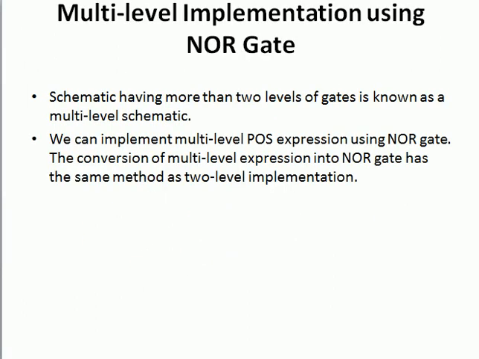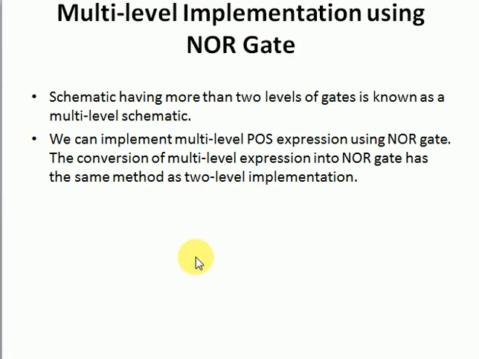Now there is the multi-level implementation by using NOR gates. A schematic having more than two levels of gates is known as a multi-level schematic. So we can implement the multi-level product of sums expression using NOR gates only. The conversion of a multi-level expression into NOR gates has the same method as that of the two-level implementation.